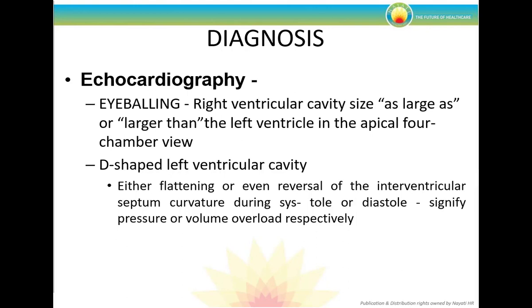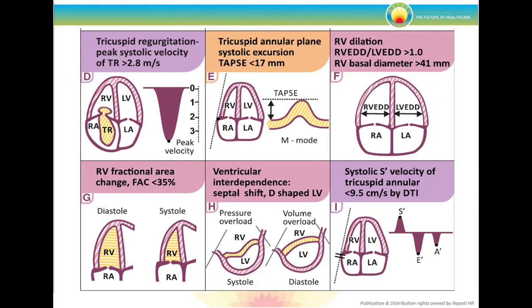Of course, as the ratio changes further, we can say that the right ventricle is classically dilated. And as I said before, we can see the D-shaped left ventricular cavity, classically seen in the parasternal short axis view. These are some of the echocardiography findings that you can see in a patient with right ventricular dysfunction.